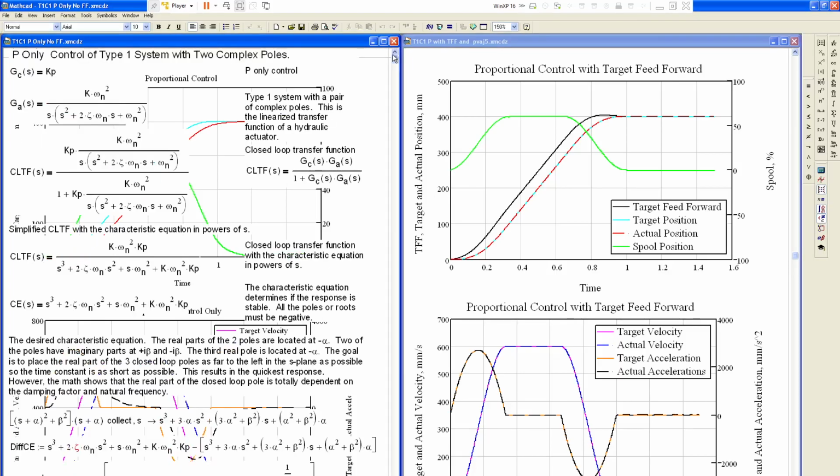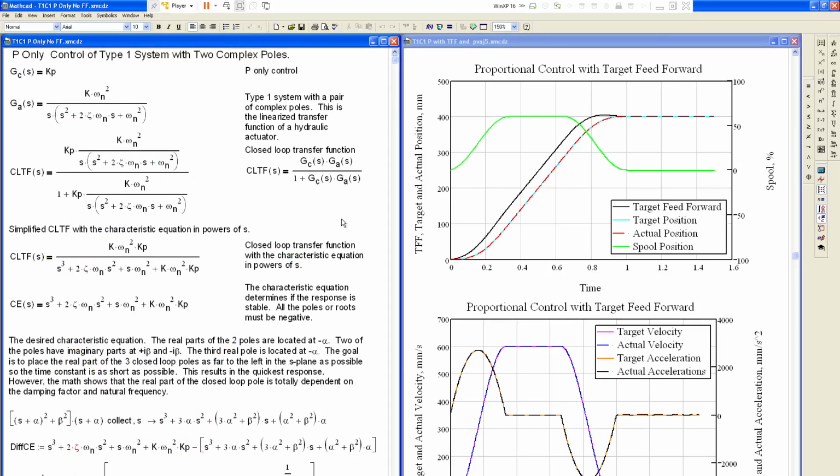The top part here is my traditional closed loop calculations where I have the proportional gain for the controller, and this is my plant, which is a linearized hydraulic system. And I'm assuming that the valve is responding pretty quickly, so I don't have the valve in here. This is the open loop gain, the natural frequency, and the damping factor.